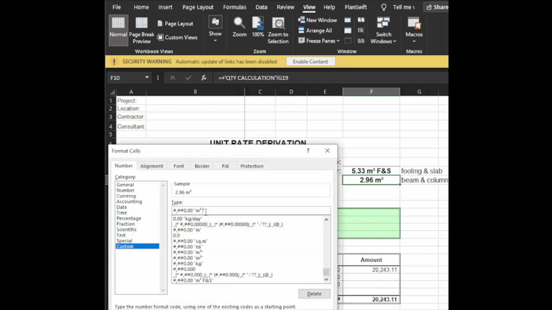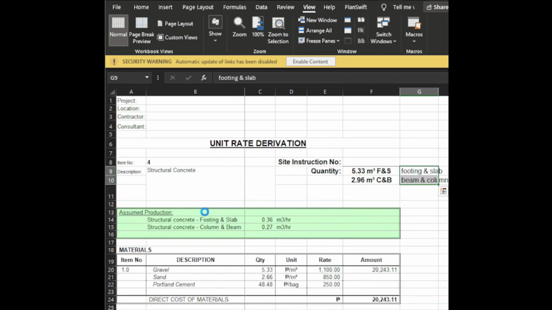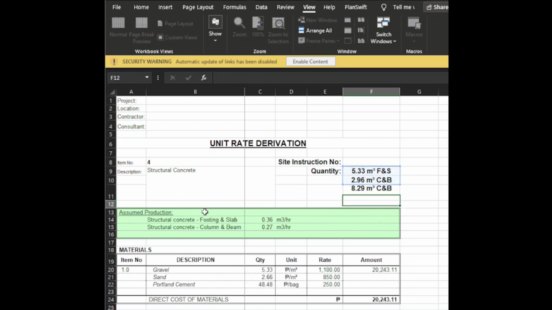We will put it column and beam. Okay, so that will not be lost. So for our gravel, anyway, we can make the total quantity, because we will be using also this total quantity here.